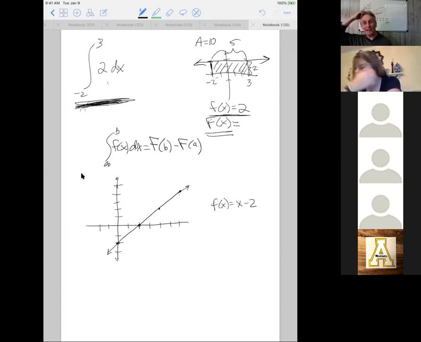And like I said, we don't have to worry about the c. The antiderivative of the constant 2 is to stick an x on it. So cap F of x is 2x. Again, plus c if it's not a definite integral, but when we do this subtraction, the plus c goes away.